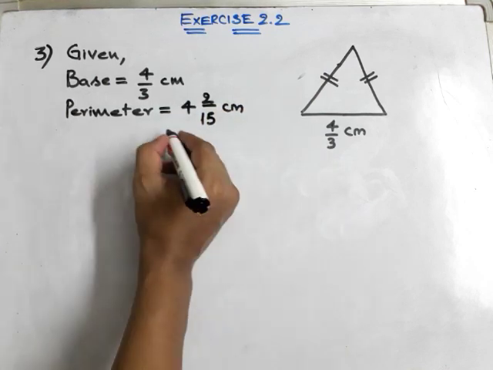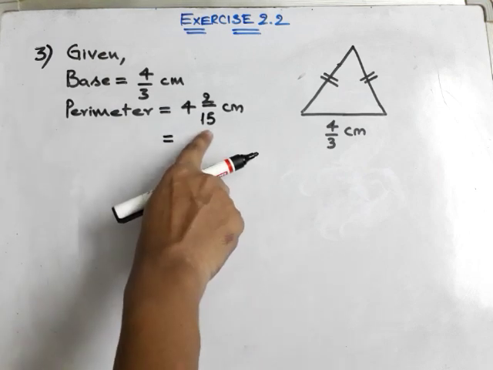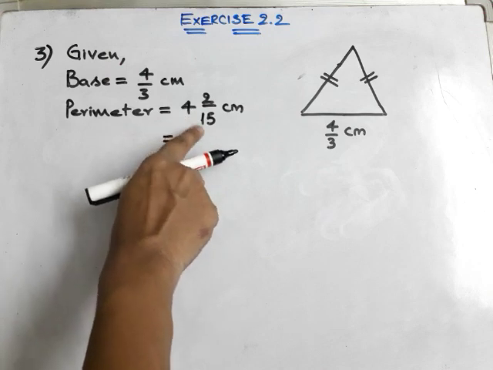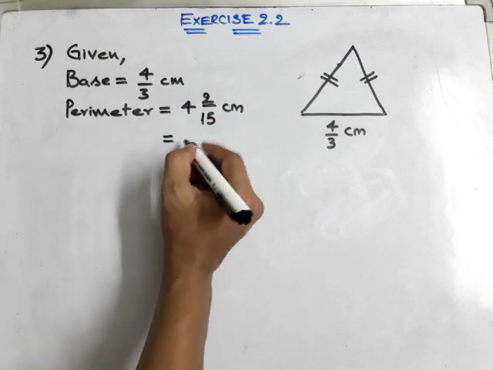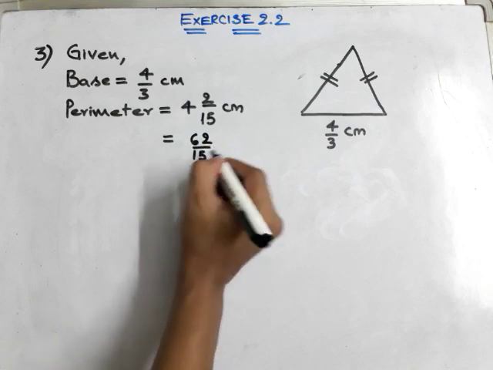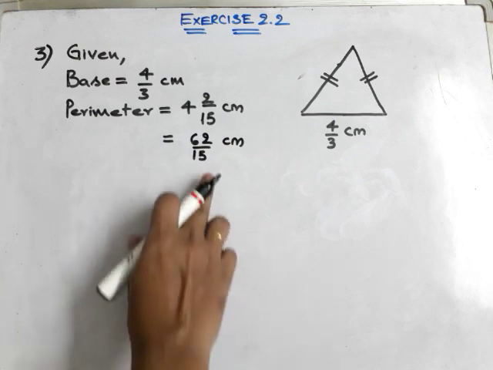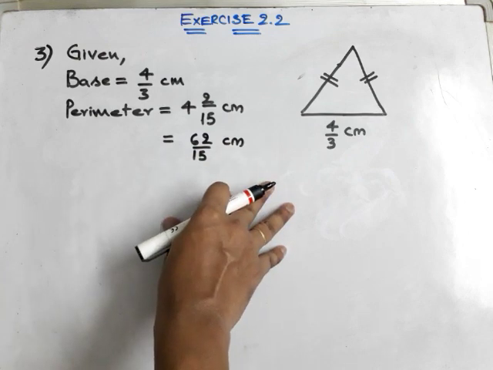So 2 4/15, if we convert the mixed fraction into a fraction, 15 fours are 60, 60 plus 2, 62/15 centimeters. As we don't have any calculations, leave it like that, 62/15.